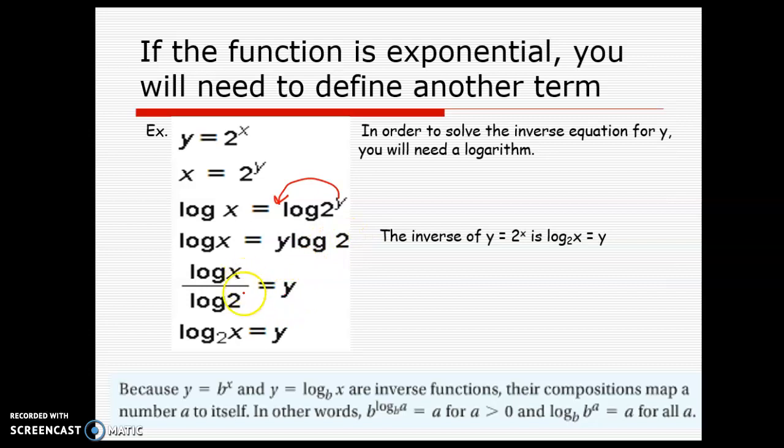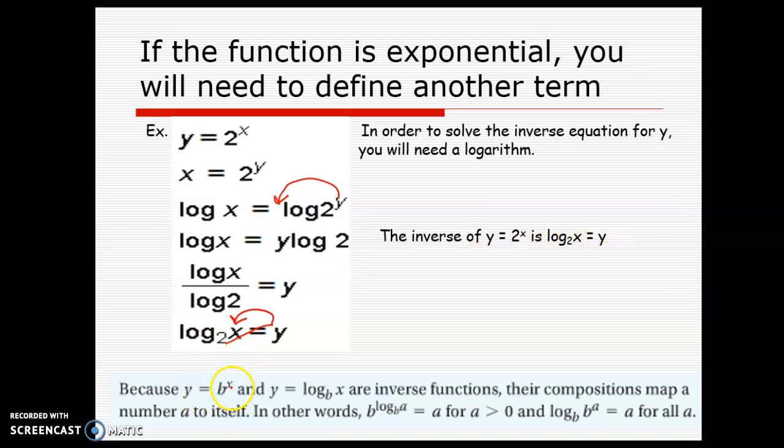So y equals log of x over log of 2. That solves it. And so you'd have 2 to the y equals x. Okay? The inverse of that is log base 2 of x equals y.